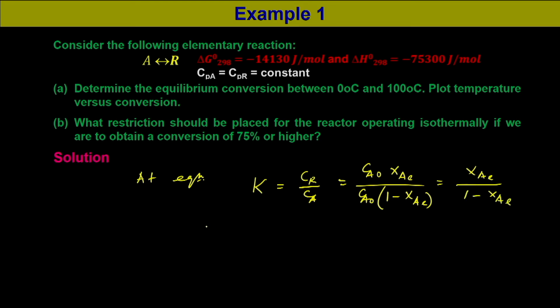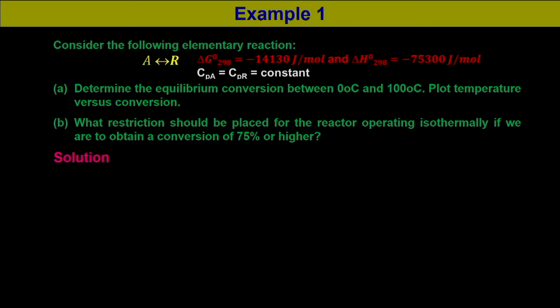From here we can write XAE is equal to K by K plus 1. Now, with these two relations we can calculate K first at a particular temperature, and using that K value we can calculate the XAE values.